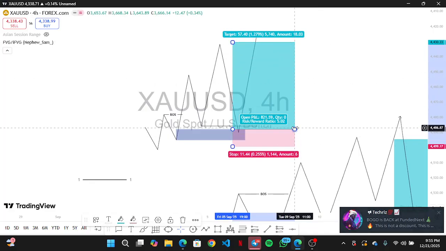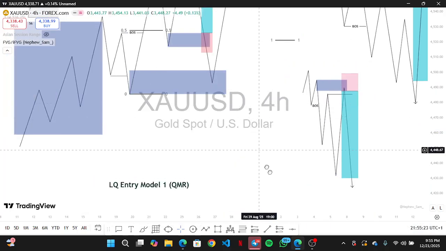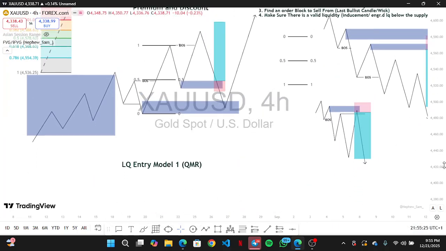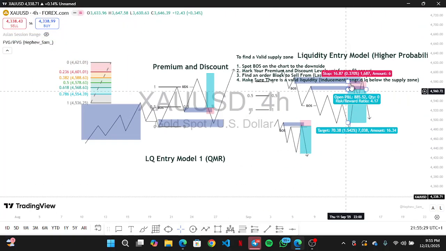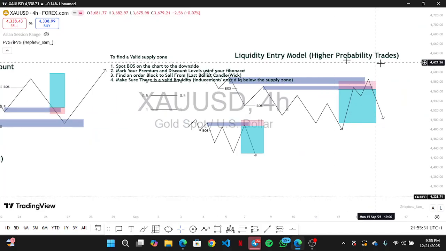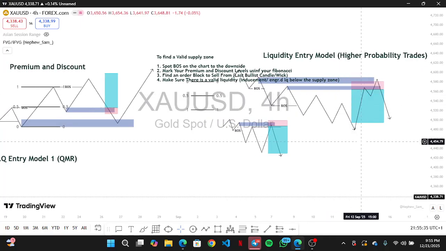So this is how I trade supply zones using liquidity. And remember what I told you guys: liquidity entry models are higher probability trades. That's why I wrote them here. This is the liquidity entry model.